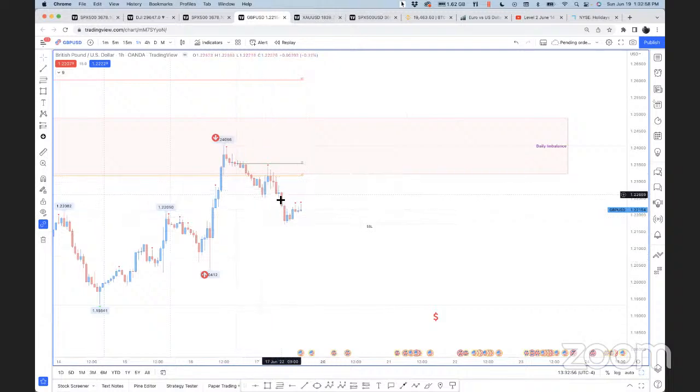Then over here, still seeing that imbalance right here, order block right here in this area. And we're just kind of holding, right? So we're still functioning within that range.